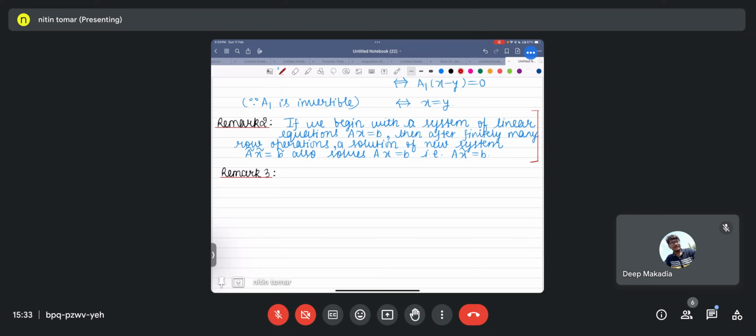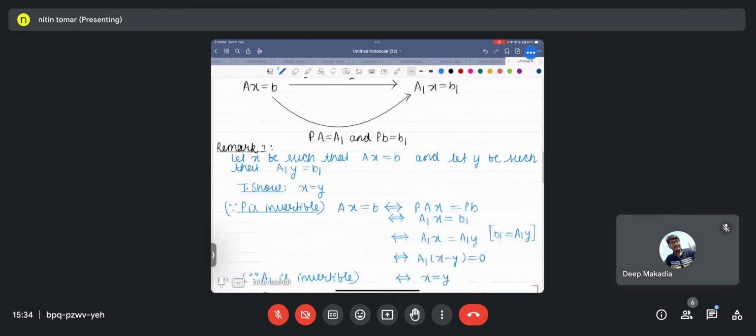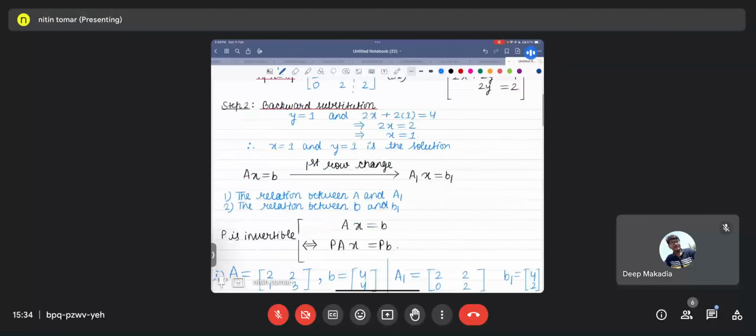Similarly here, the question is, what about the column operations? Again, I am writing these two equations: 2x plus 2y equal to 4, x plus 3y equal to 4.